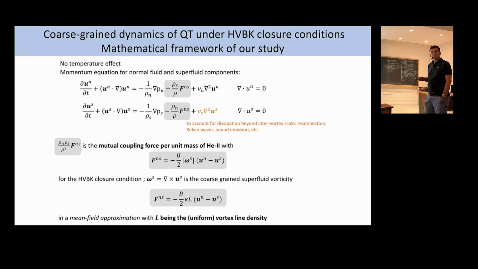For this coupling force, we use the HVBK modeling, which has this very simple form, proportional to the modulus of the superfluid vorticity and proportional to the slip velocity between the two components. And in the analytical developments, we will use a simplified form of this equation by assuming that this term is almost constant in the flow. So it's kind of a mean field approximation.